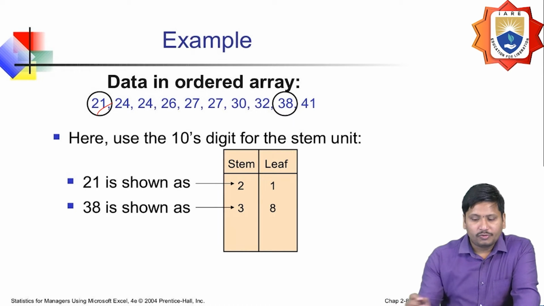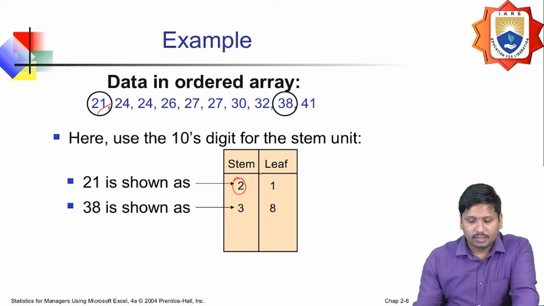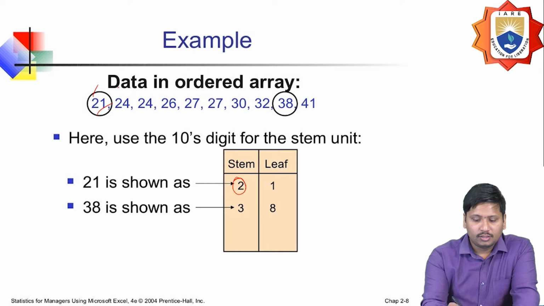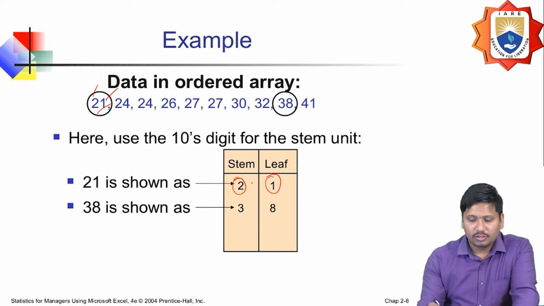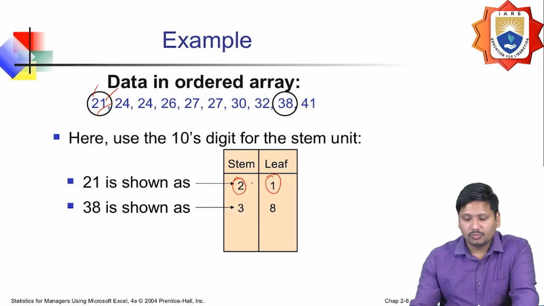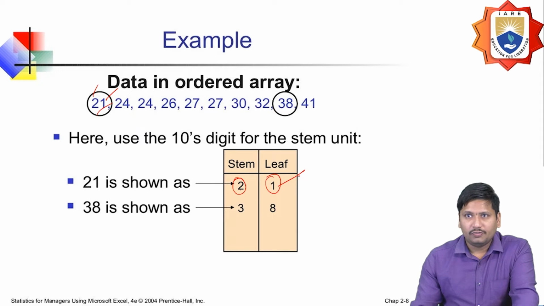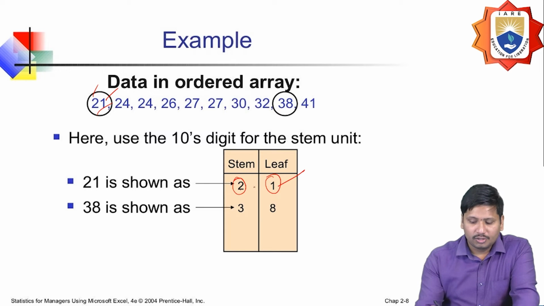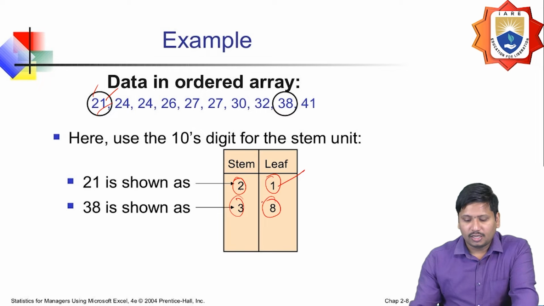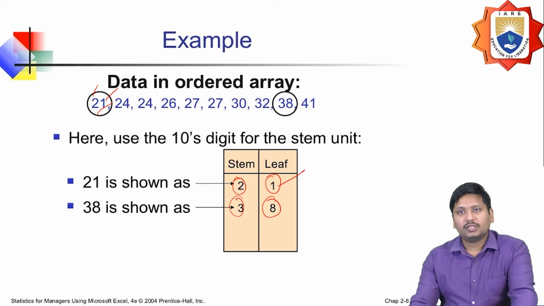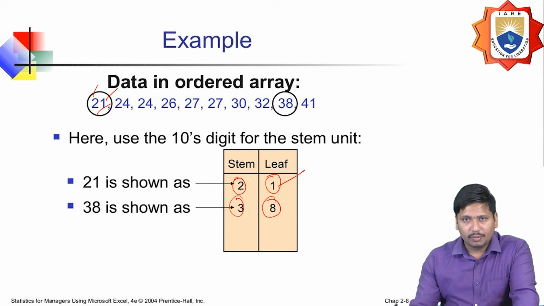From 21, I take 2 as the stem, and the trailing digit is 1, so that is treated as the leaf. Similarly, if I take 38, the leading digit is 3 and the trailing digit is 8. Like this, I have to construct the stem and leaf diagram by taking the values.